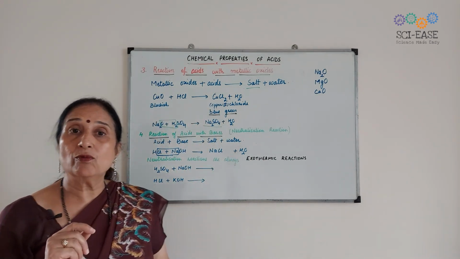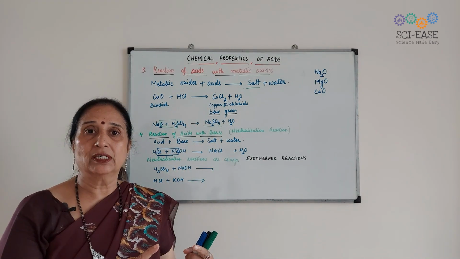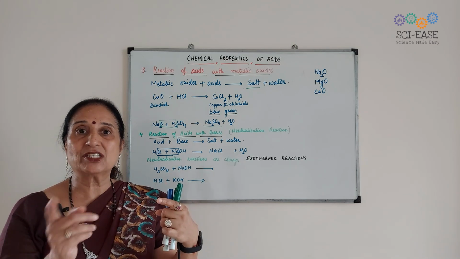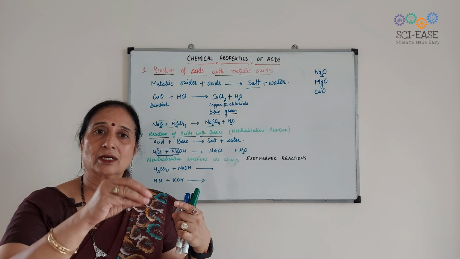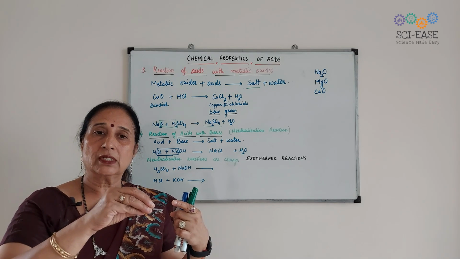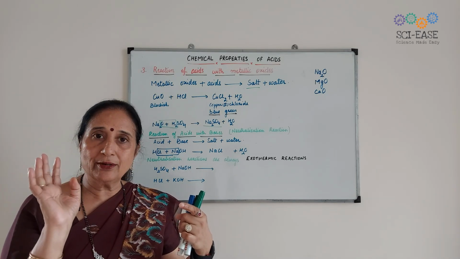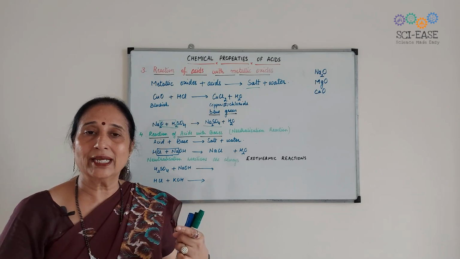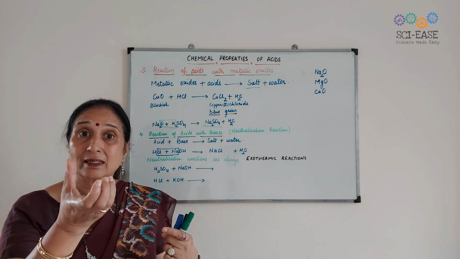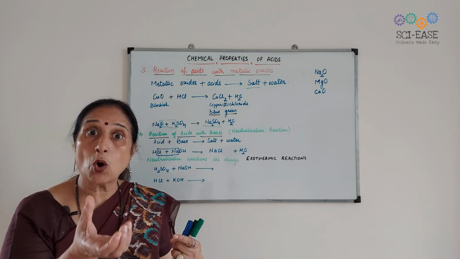One thing I want to tell you: whenever there is an acid-base reaction, you put HCl in sodium hydroxide, and while stirring the conical flask, you will observe that the conical flask becomes hot.